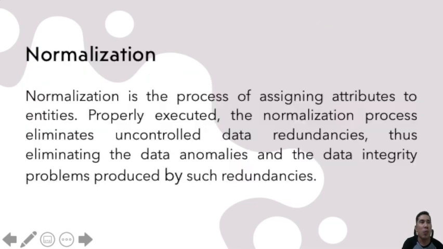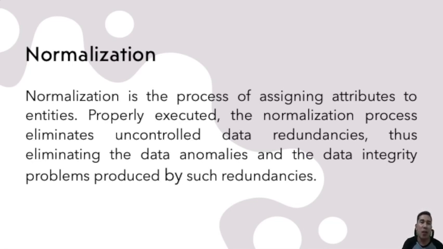So normalization is the process of assigning attributes, decomposing tables, from one table to different tables. And by properly executing the normalization stages or process, it is going to eliminate uncontrolled data redundancies. And this could lead to data problems or data integrity problems.